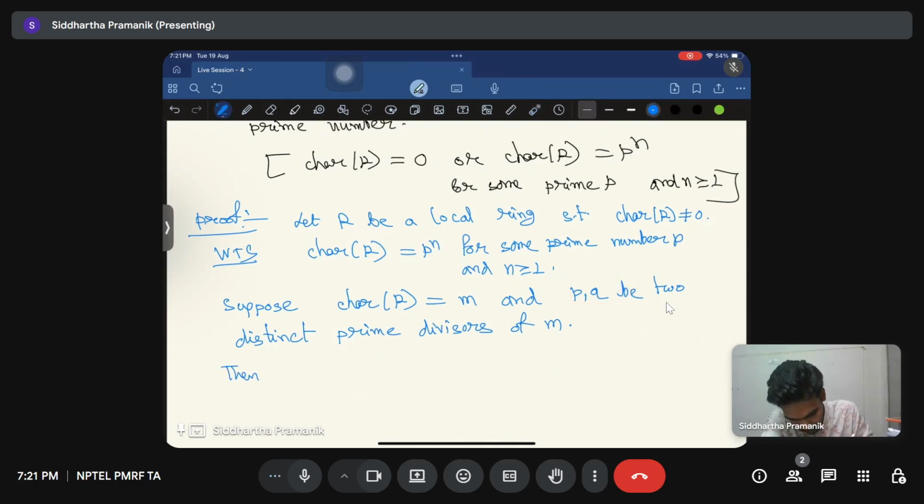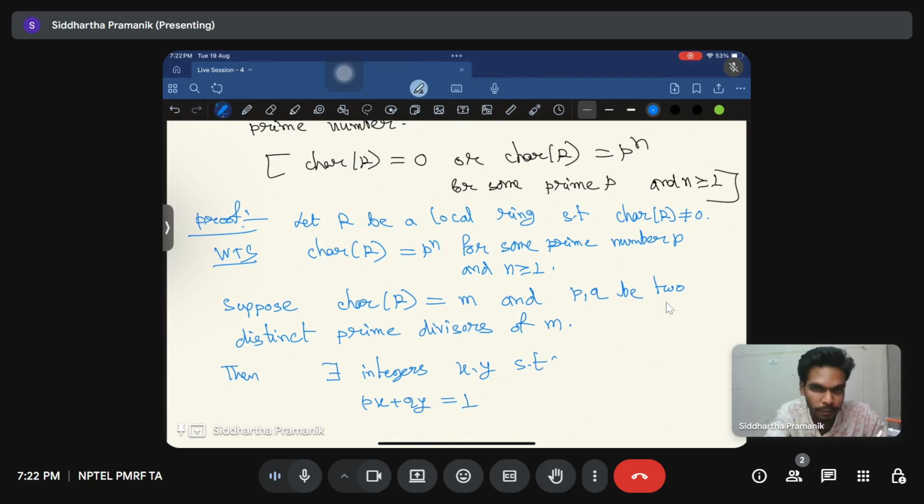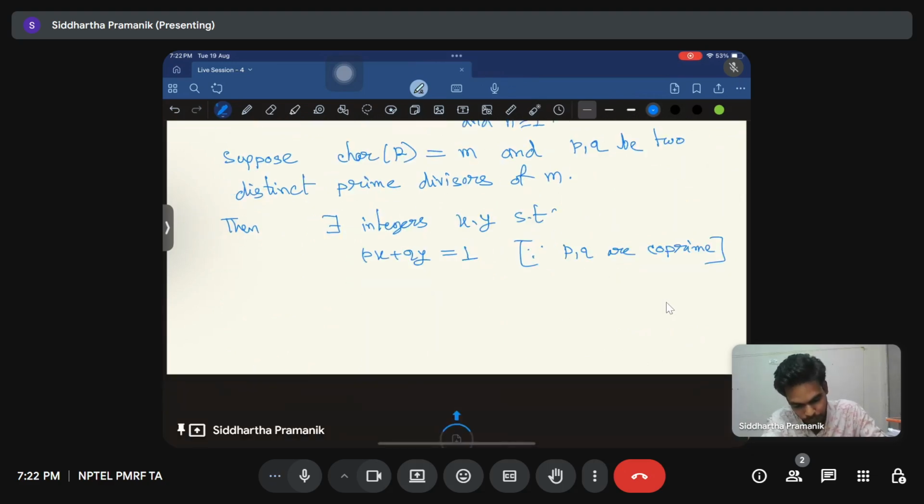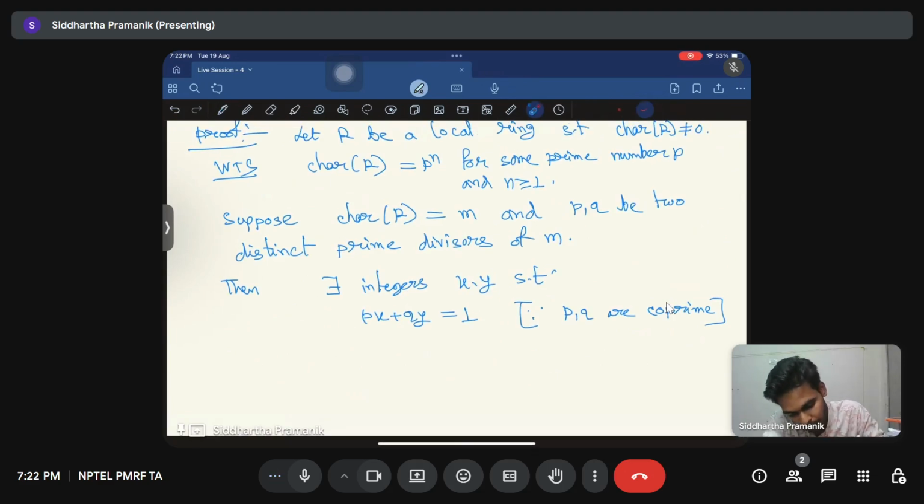Then there exist integers x and y such that px plus qy equals 1, because p and q are distinct primes, so they are relatively prime. Now m is the characteristic.